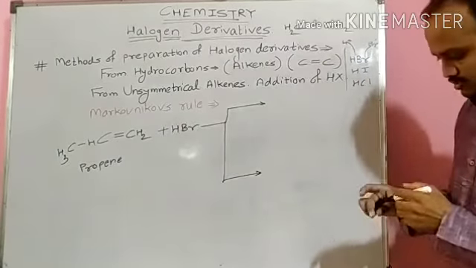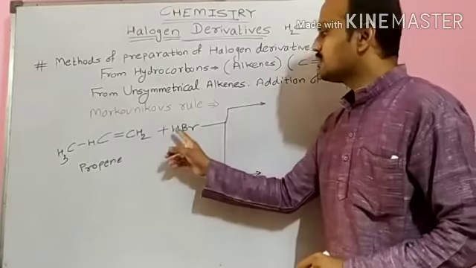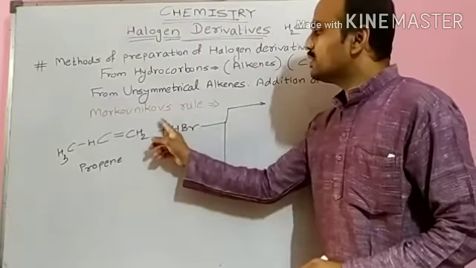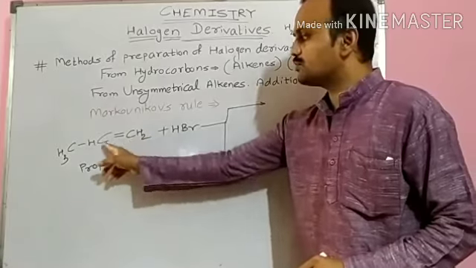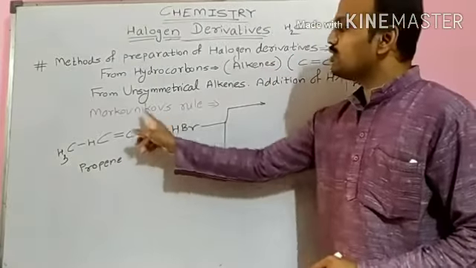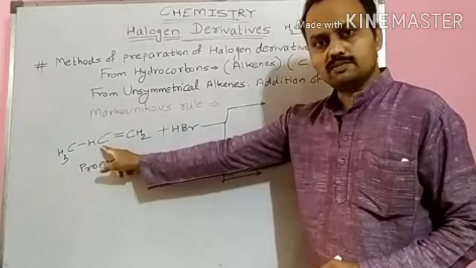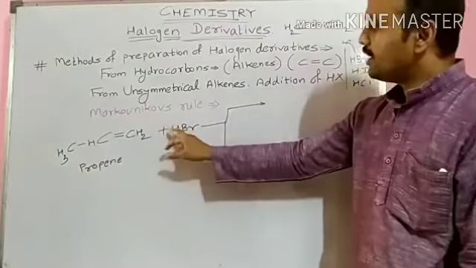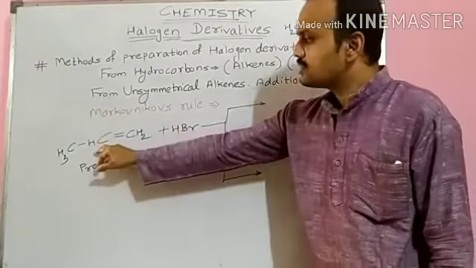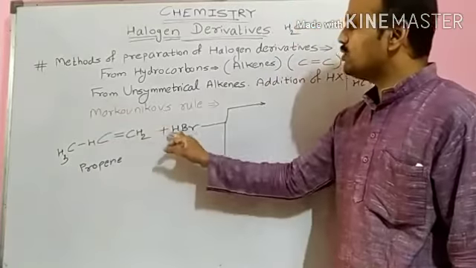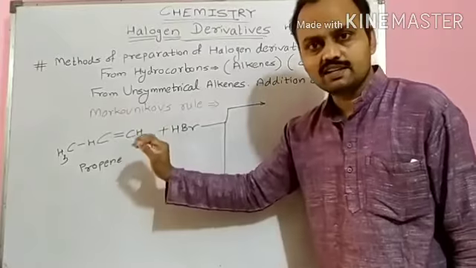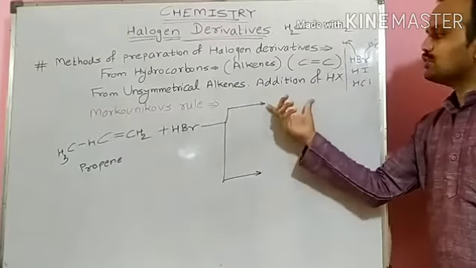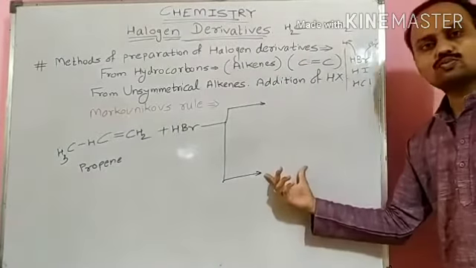I told you there are two possibilities. Hydrogen will get attached to this third carbon atom, or this first carbon atom from the right hand side, and bromine will get attached to the second carbon atom. In another case, hydrogen will get attached to the central carbon atom and bromine will get attached to carbon number 1, numbering from the right hand side. Then we will see which product is according to Markovnikov's rule.